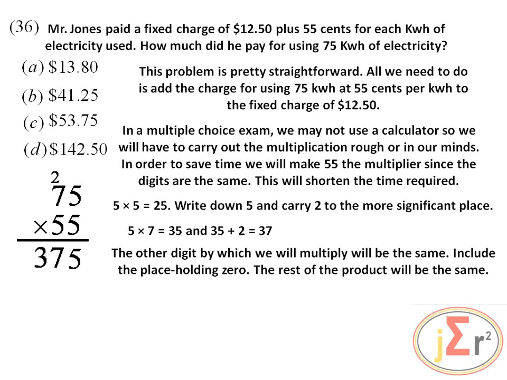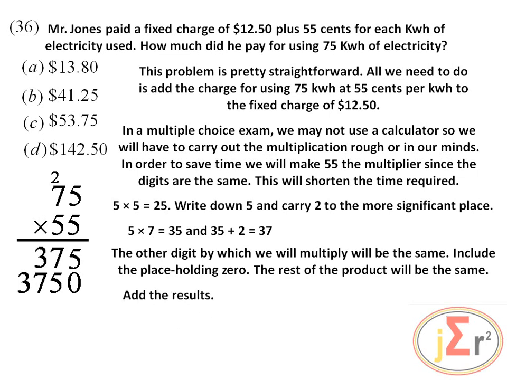Now we multiply by 5 again and we know the answer is 375 again. So we put the placeholder 0, then we put the 375. If we did 55 multiplied by 75, we would probably have to do the multiplication twice. But since we use 5 and then 5 again, we just write down the answers.